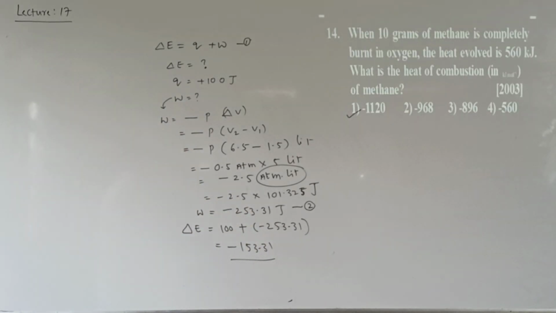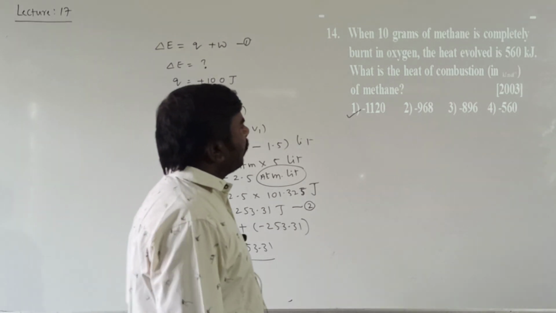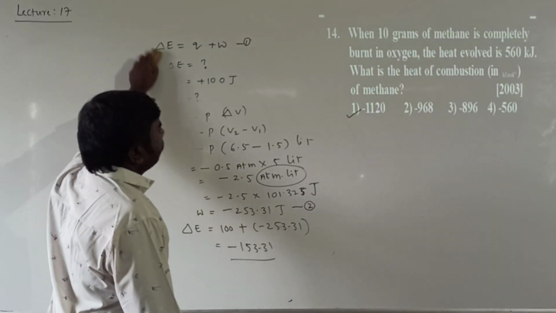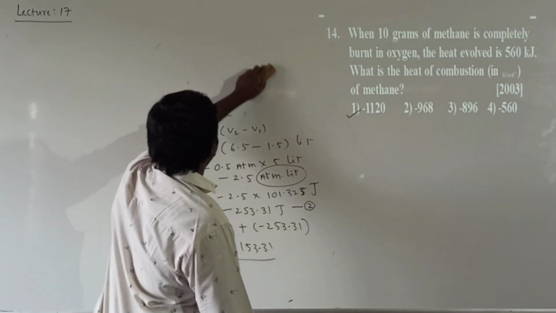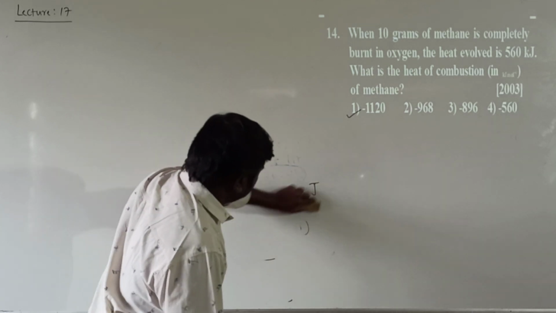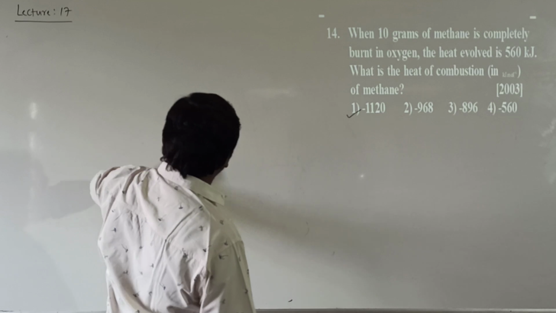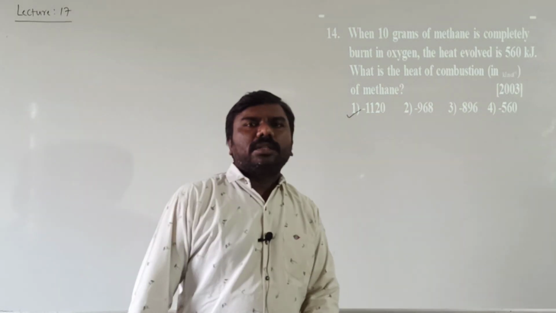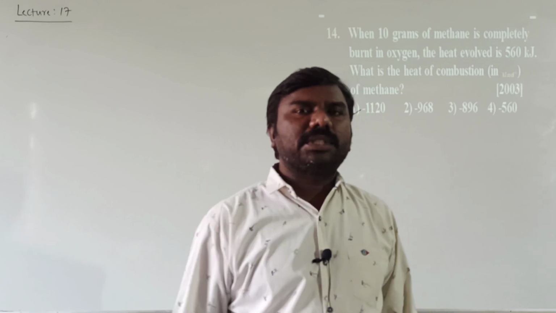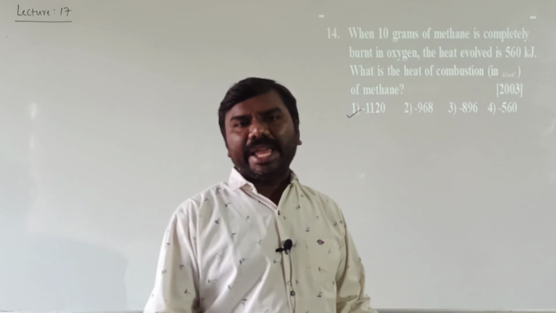Next bit, the 14th one. When 10 grams of methane is completely burned in oxygen, the heat evolved is 560 kilojoules. Then the heat of combustion is the amount of heat released when 1 mole of a substance burns completely in air.